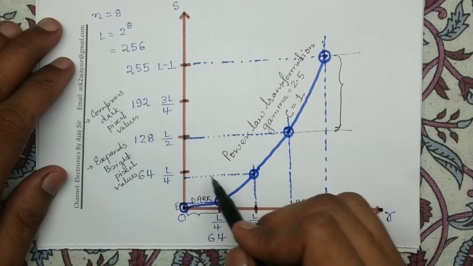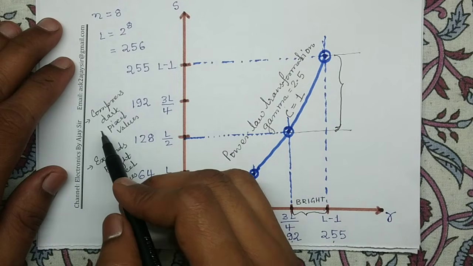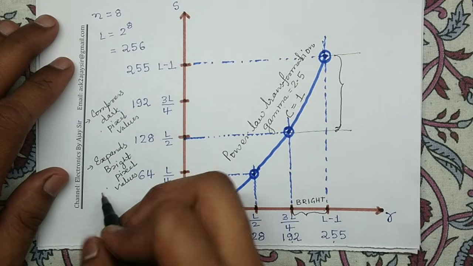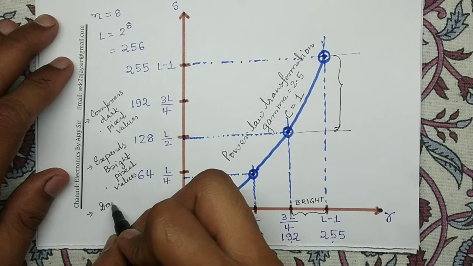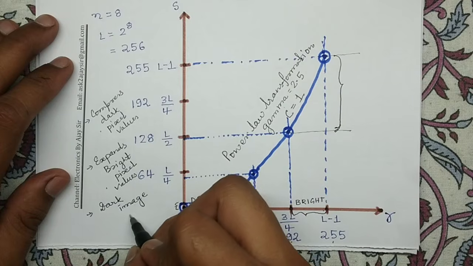In the transformation characteristics, I am compressing my dark pixel values and expanding my bright pixel values, and as a result, we will obtain a dark image output.